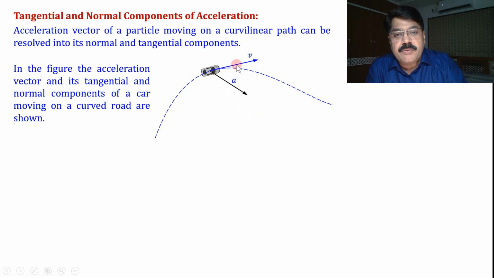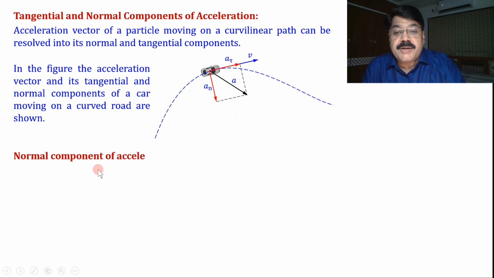One is parallel to velocity, along the tangent, called the tangential component a tau, and one is perpendicular to the path, called the normal component a n.